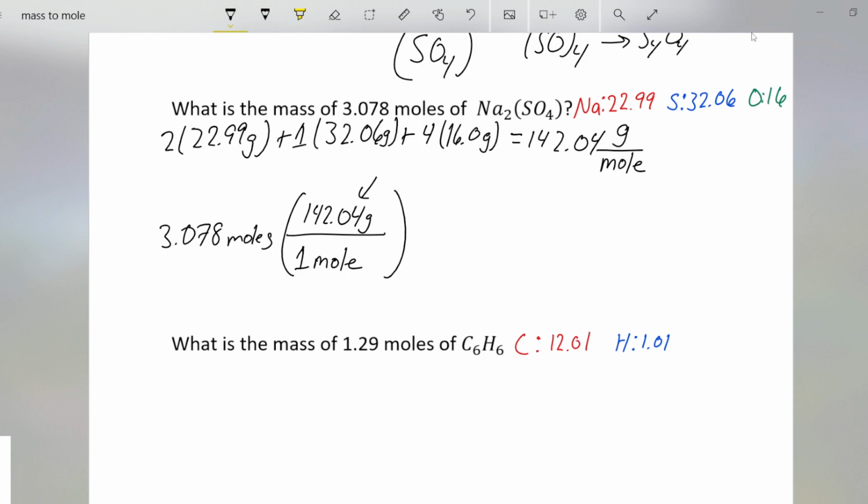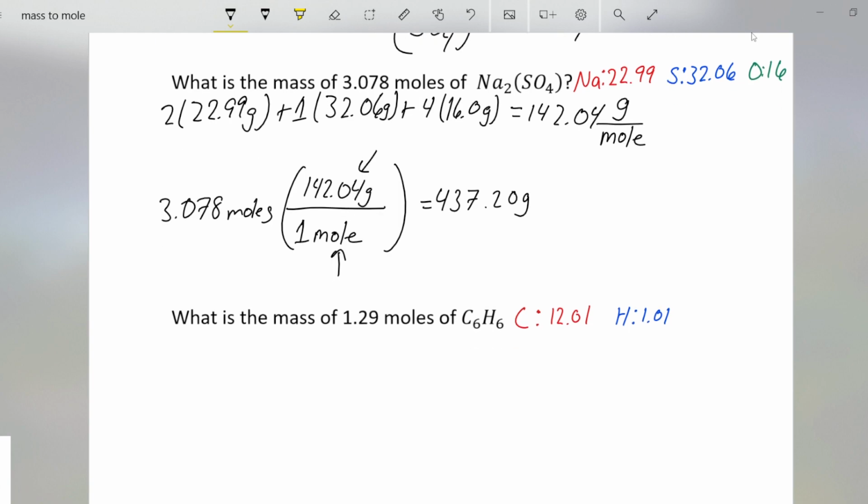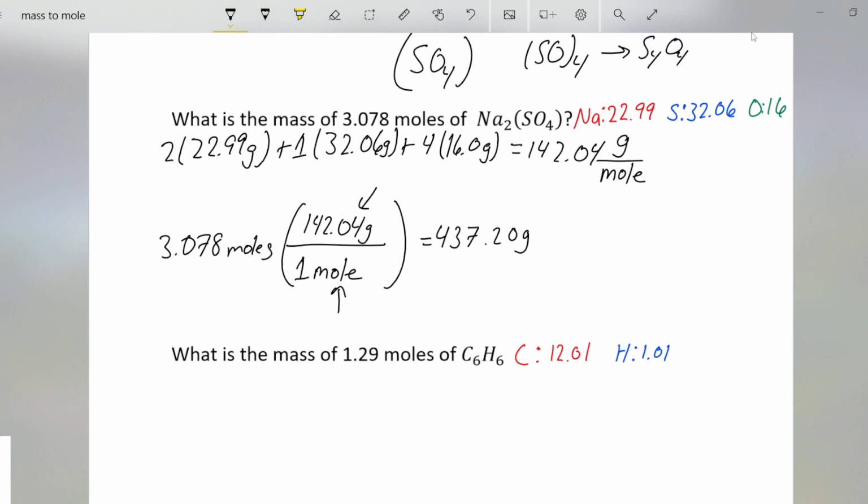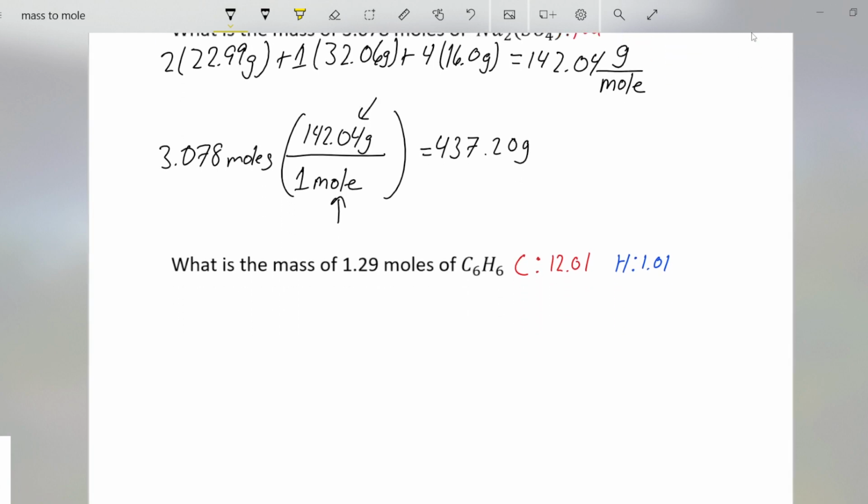We take this and multiply it by 3.078 moles, which should give us 437.20 grams. So there's no Avogadro's number, but there are still masses and molar mass. Those are both important for this. But it was all just one step. We went from moles to grams just like this.